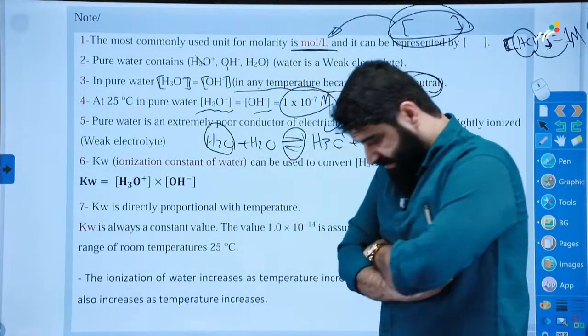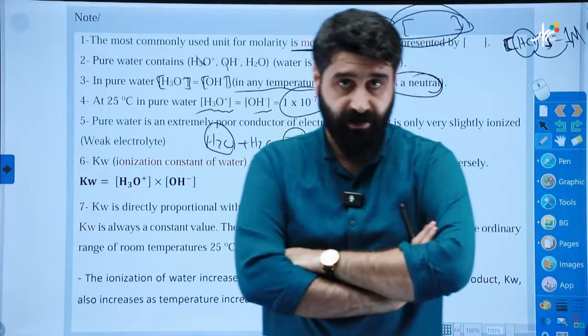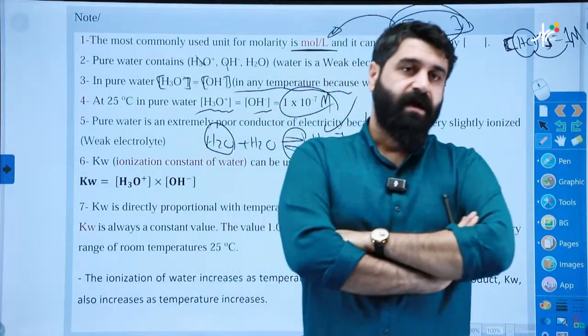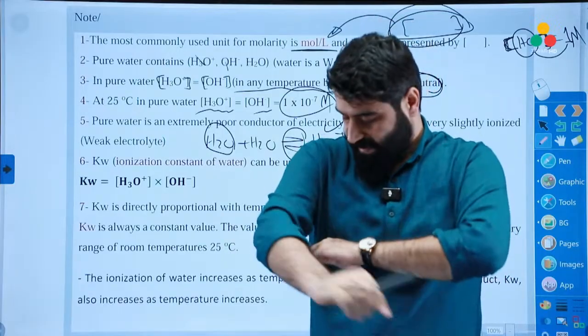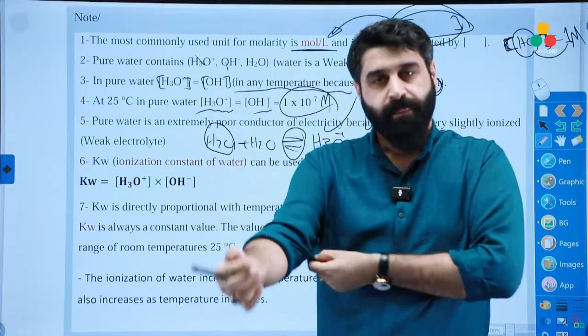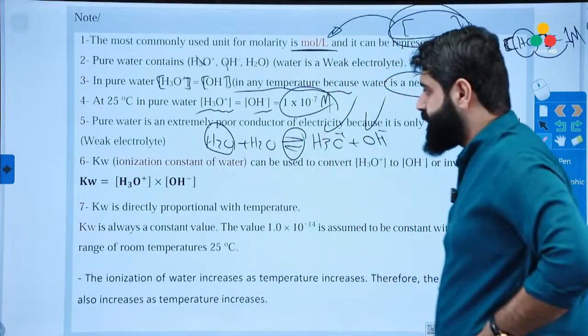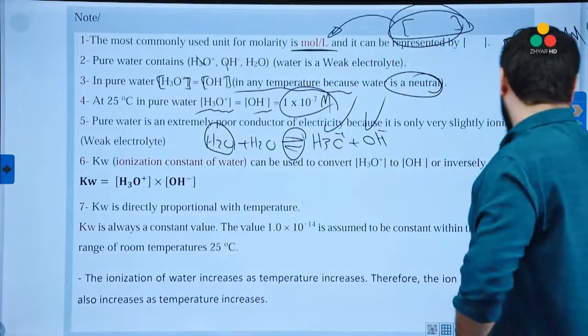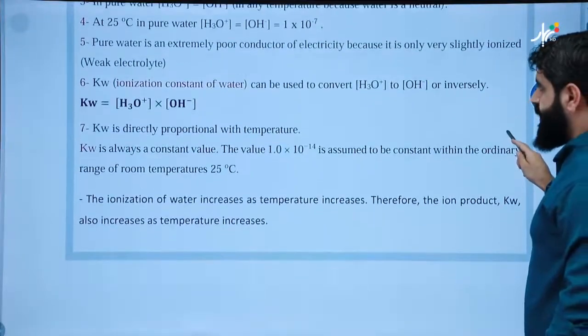Pure water is a neutral substance, therefore it contains equal amounts of hydronium and hydroxide ion at any temperature. At 25 Celsius degree, both are equal, and they have this value, which is 1 times 10 to negative 7 molar. Good. Pure water is an extremely weak electrolyte, of course.